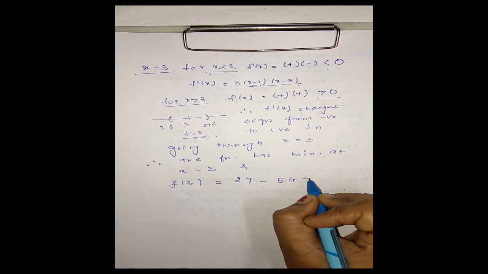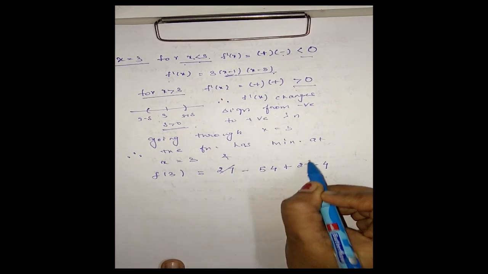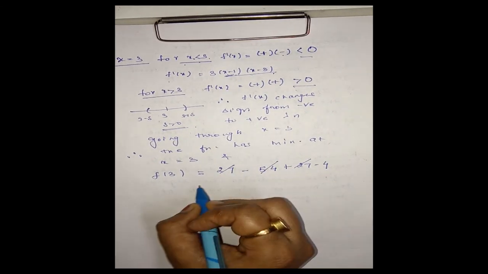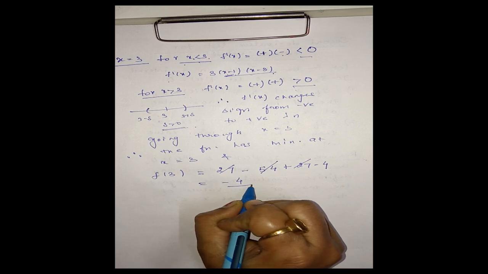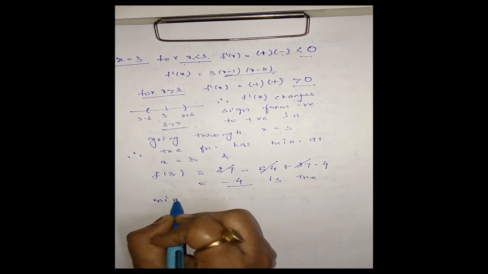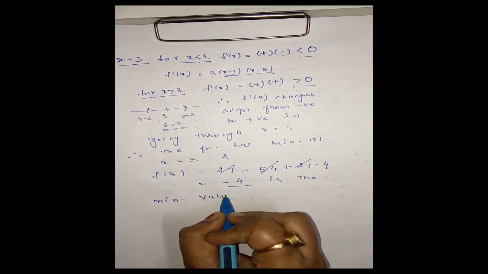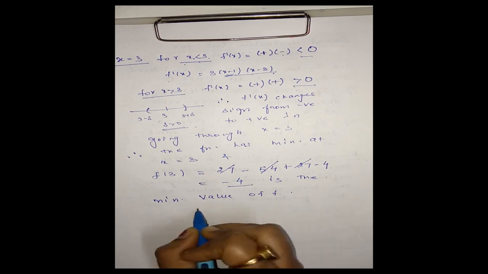Same way, this is 9x, 9 3s 27, minus 4. Now this will be 27, this will cancel out and we are left with minus 4. That means minus 4 is the minimum value. 0 was the maximum value and minus 4 is the minimum value of f.